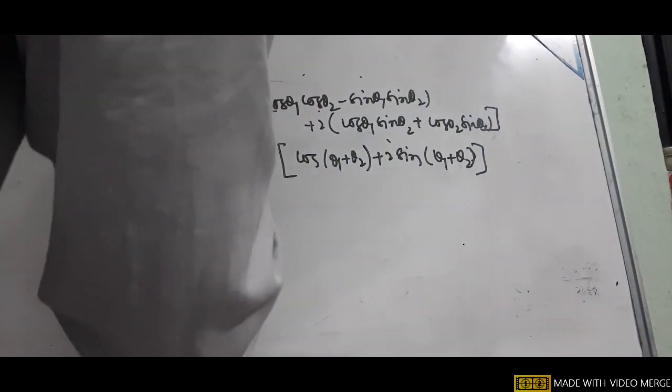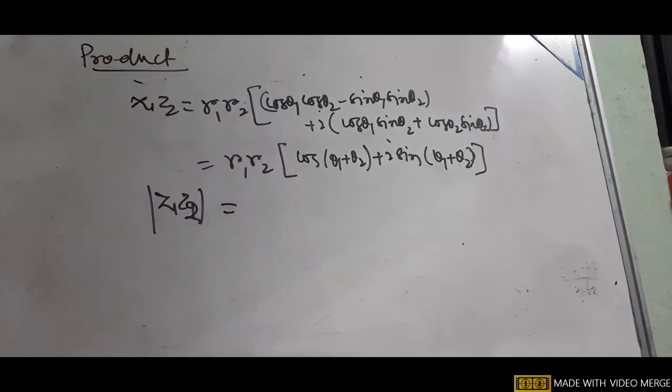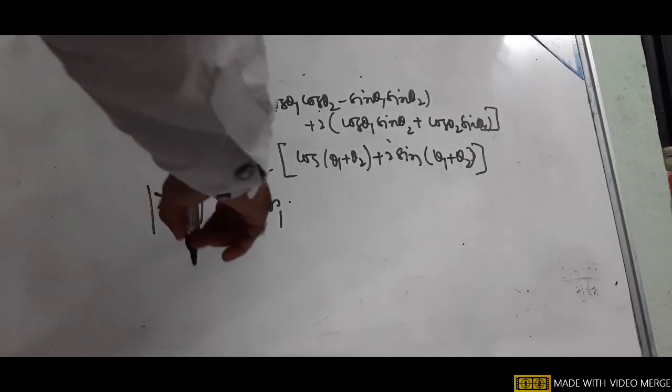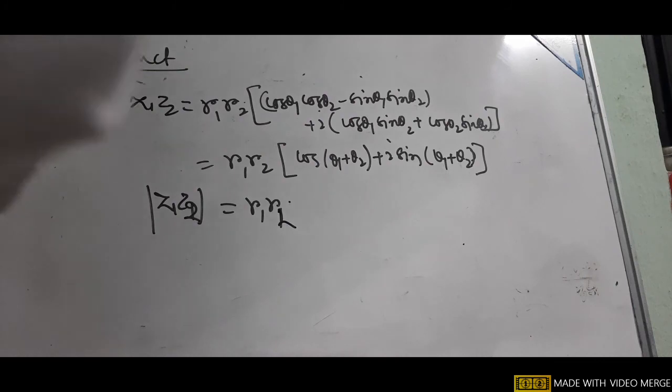If you take the modulus of Z1 Z2, its magnitude is simply the product of r1 and r2, where r is the polar radius.